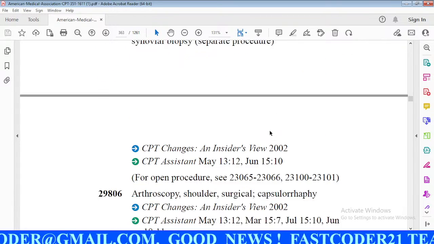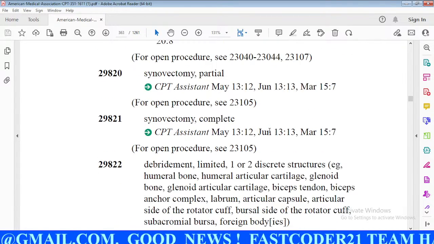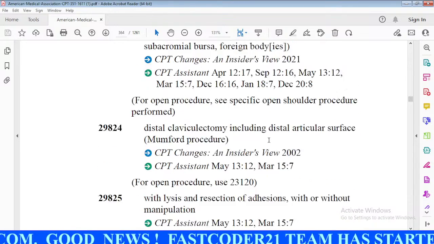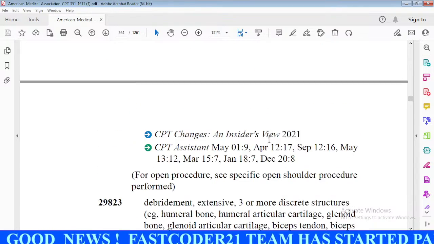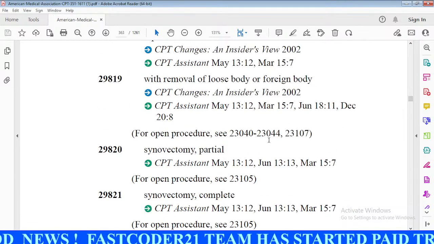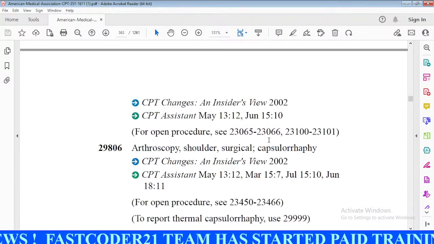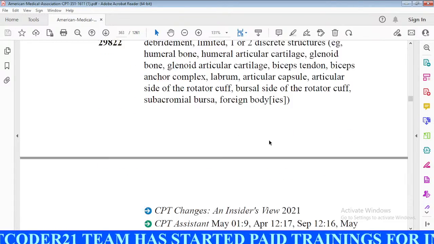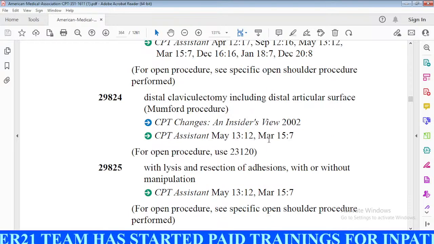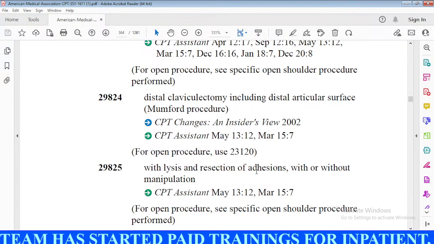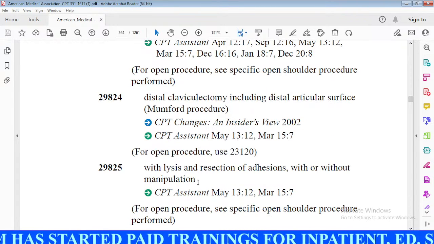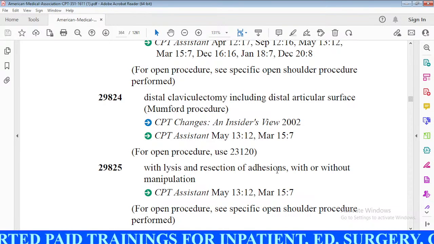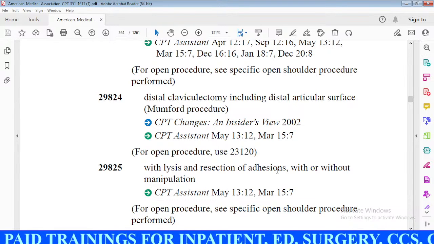So we will check 29825 now. Arthroscopy, shoulder, surgical, with lysis and resection of adhesions, with or without manipulation. See here, lysis and resection of adhesions. Usually we call it adhesiolysis.